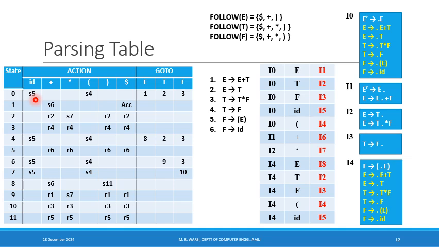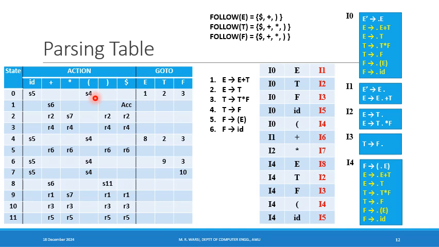So this entry is S5 in the parsing table. Let's take another transition from state number 0. From state number 0 on opening bracket, we are going to state number 4. Once again, this transition is on a terminal symbol, so it will give rise to a shift operation in the parsing table. So 0 comma opening bracket is marked as shift, and we are going to state number 4. So this is S4.